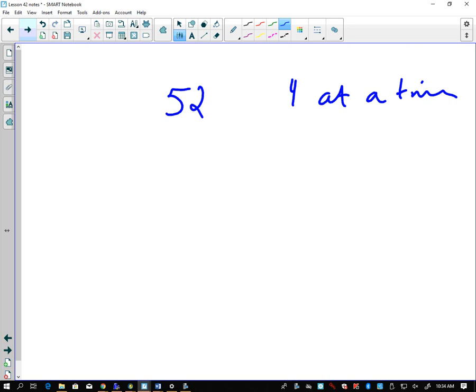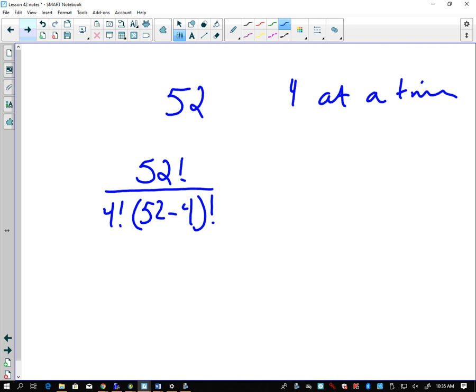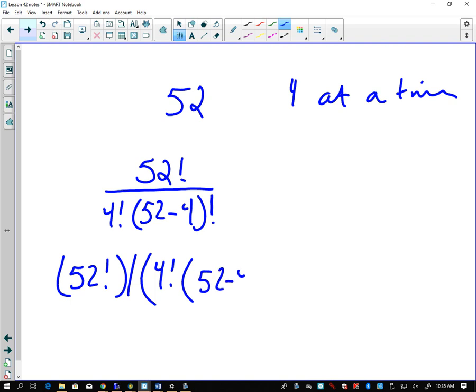It's a combination question. Factorial over how many 4 at a time? Yep. So 4 factorial times (52 minus 4) factorial. Okay, try that. Plug that in, see what you get. Now remember, when you do this in your calculator, what you are typing in is parentheses, 52 factorial, close parentheses, divide by parentheses, 4 factorial, parentheses, 52 minus 4, close parentheses, factorial, close parentheses.